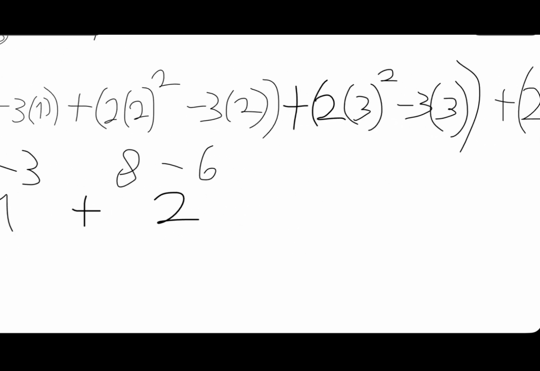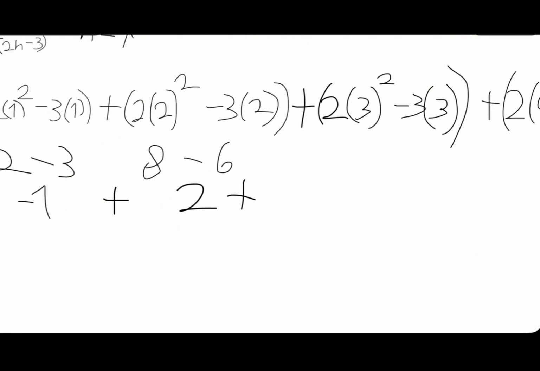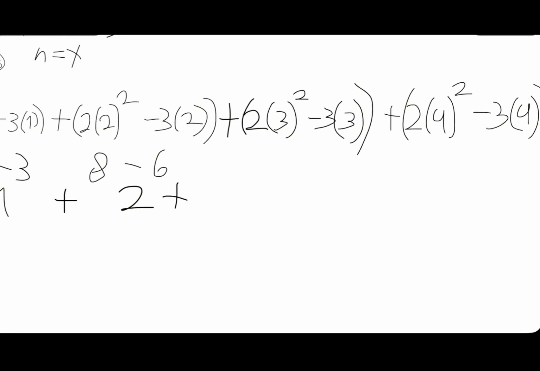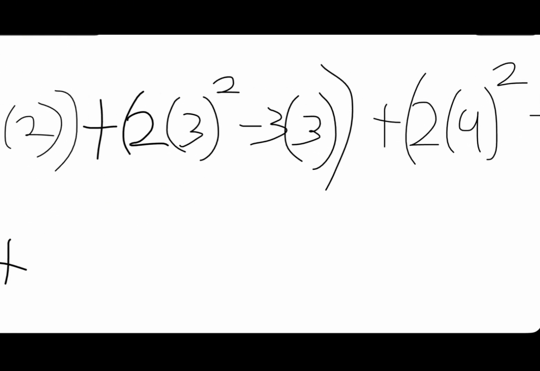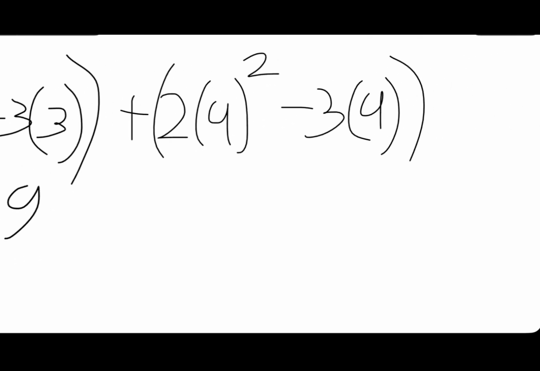Now 3 squared is 9 times 2, 18 minus 9 is just 9. And then 2 times 4 squared is 16, 16 times 2 is 32, minus 3 times 4, that is 12.